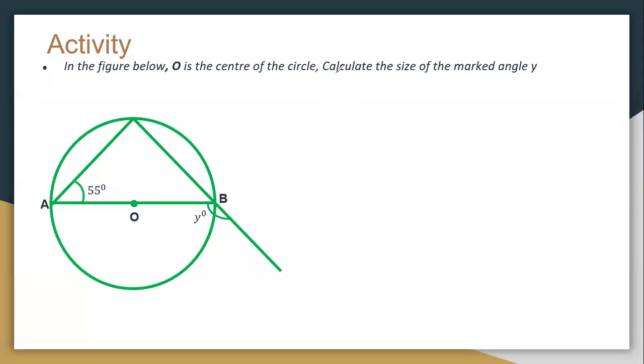We are using our theorem, which states that the angle subtended at the circumference by a semicircle is 90. Meaning up there we are putting a 90.